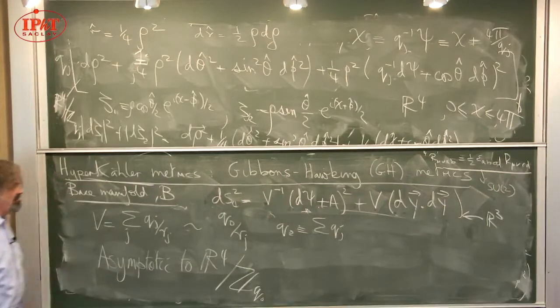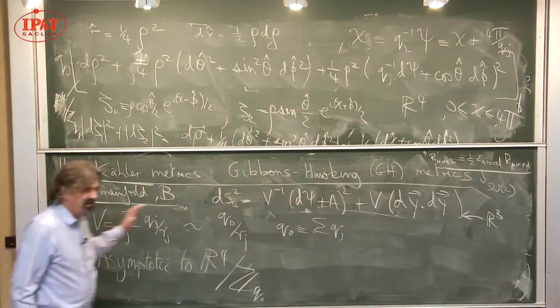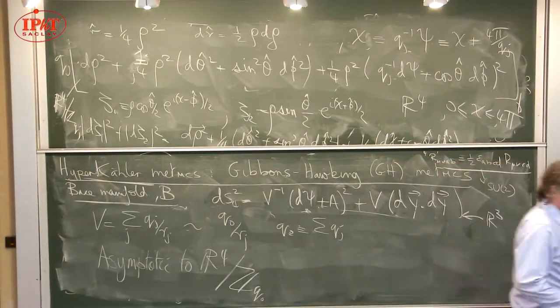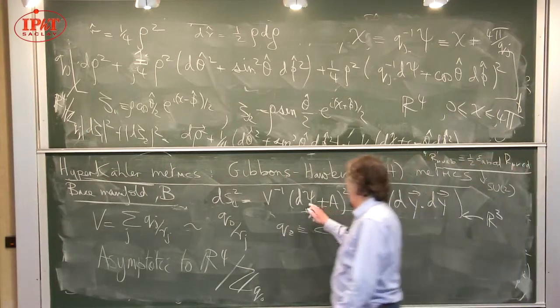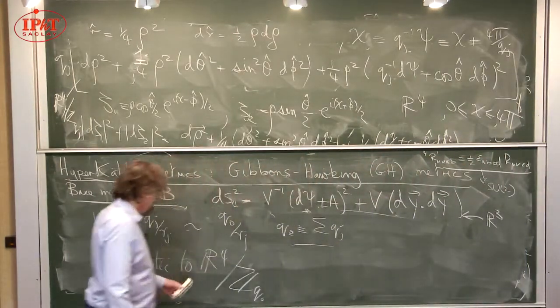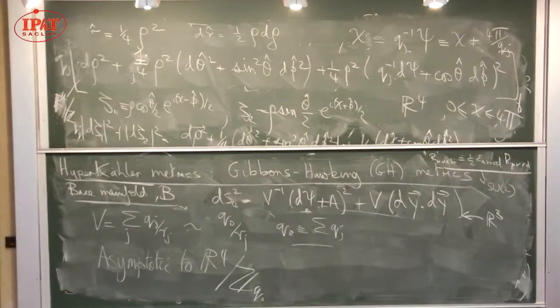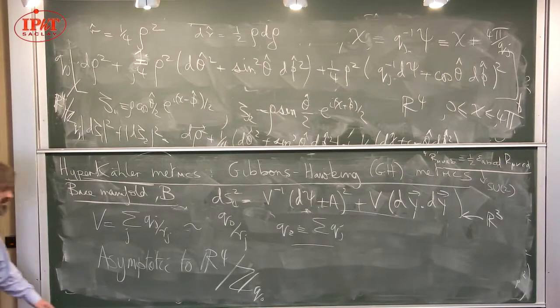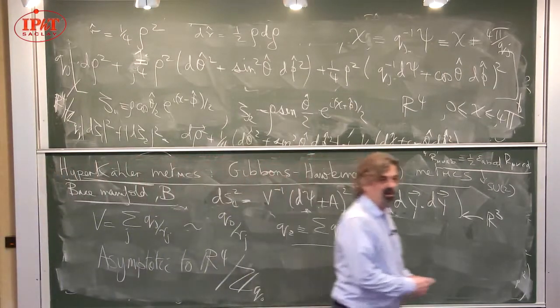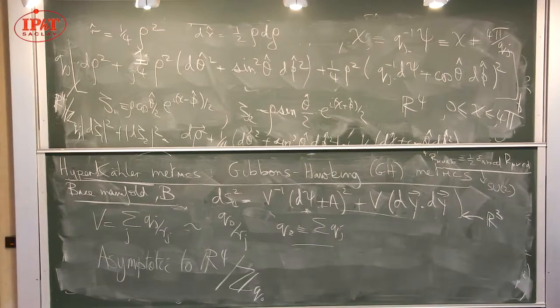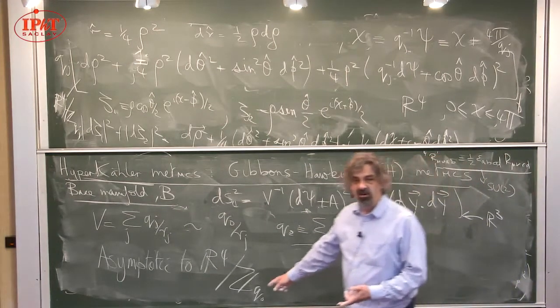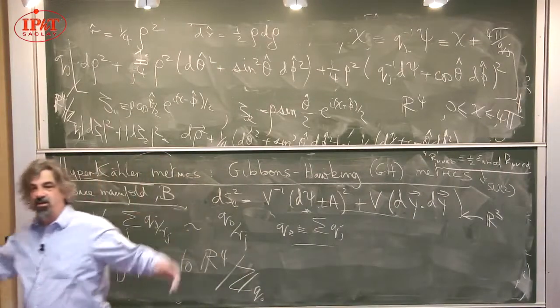In other words, when you go to infinity, it does go to a beautifully flat space, but the period of psi, or chi, sorry, the period of the flat space is modded out by Zq0. Okay? Questions or comments? So that's why it's called asymptotically locally Euclidean. It's not asymptotically R4, it's asymptotic to R4 locally, modulo these identifications.